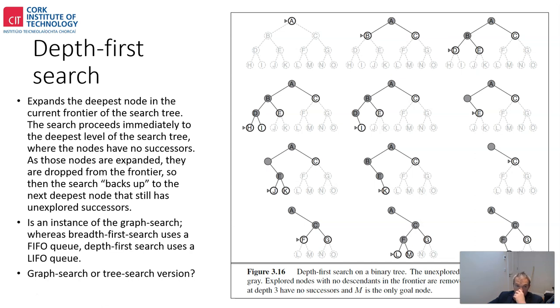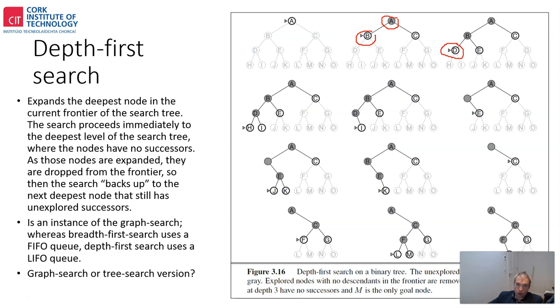So again, we have A added to the frontier, doesn't suit the goal, expand it. So now A adds B and C. B is now the deepest node on the frontier based on our last in, first out, so we'll choose this guy for expansion. Now that we've expanded B, E and D have been added to the frontier. D was the last to be added, so we expand him.